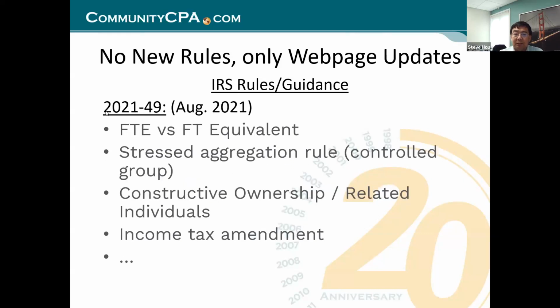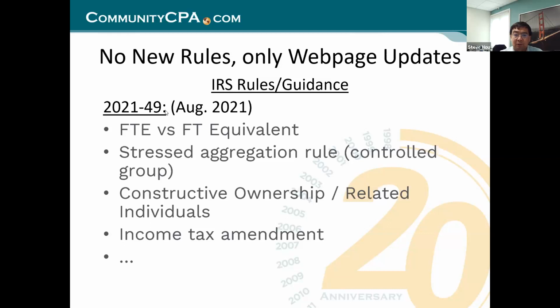So, and then there's another important one, IRS Notice 2021-49. It clarifies several questions that people raised, because also in 2021, the ERC program became more popular, or people became more aware of the ERC program, because PPP by then was already all gone, and so people were looking for additional government help.